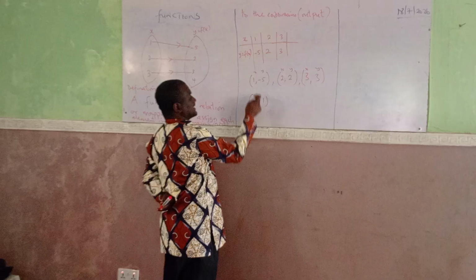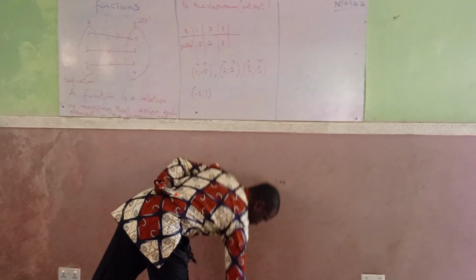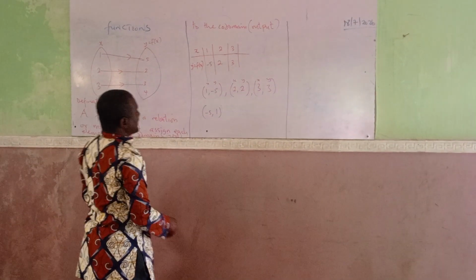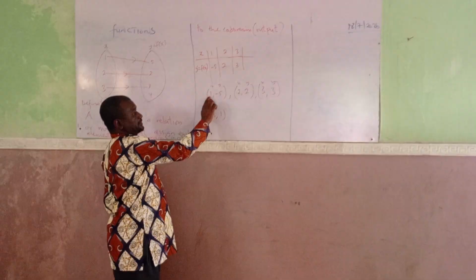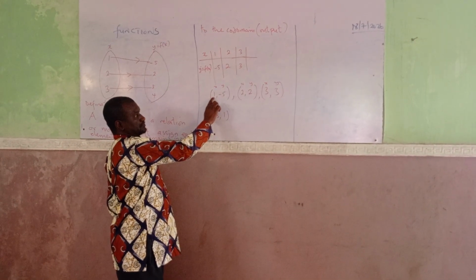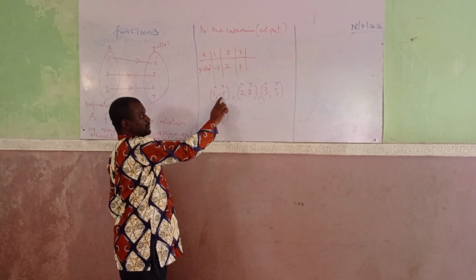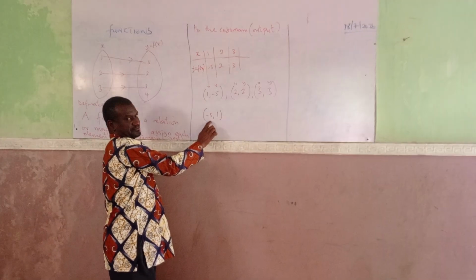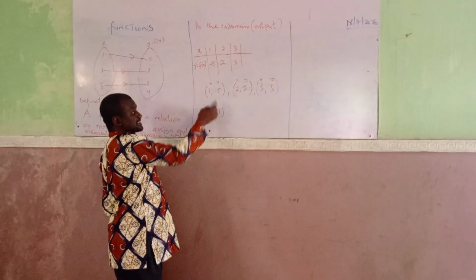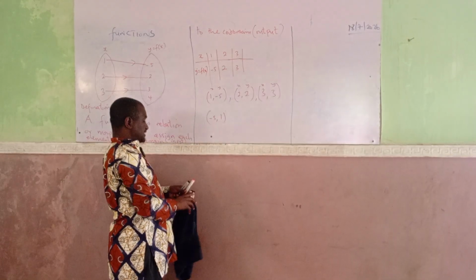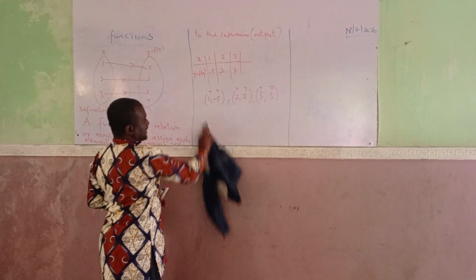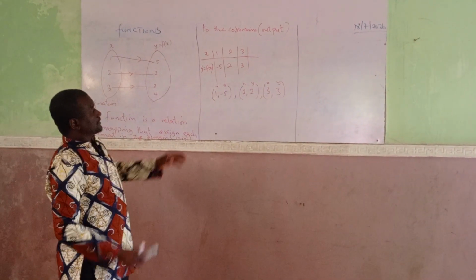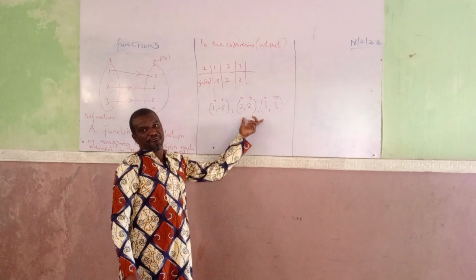So this and this are not the same because if you look at it here, the value of x is 1 and the value of y is minus 5, whereas in this case, the value of x is minus 5, even though it looks as if we interchanged them. That's why we said it's an ordered pair. Is that okay? So that means this is also a function.